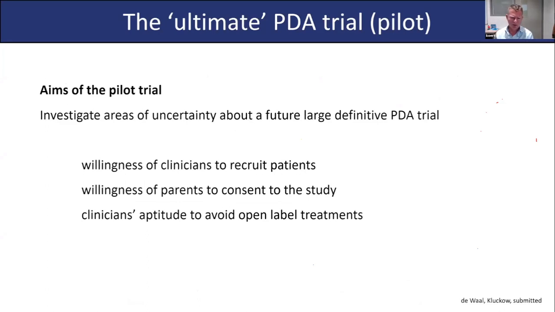And when it finally came to starting the trial, we looked at three particular items: the willingness of clinicians to recruit patients, the willingness of parents to consent to this study, and also the clinicians' aptitude towards avoiding open label treatments. Can we do that? Apparently in Kleiman's study that was not possible.